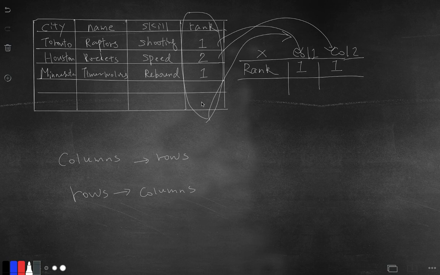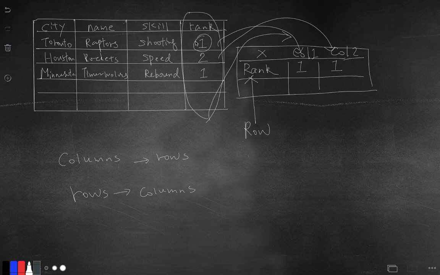What transpose does basically is just changing the columns to the rows, and the rows to the columns. So here I give you one example. Let's say you want to do some transpose on the rank. What will happen if you apply the transpose is that the rank, which here is a column, will become a row in a new table.